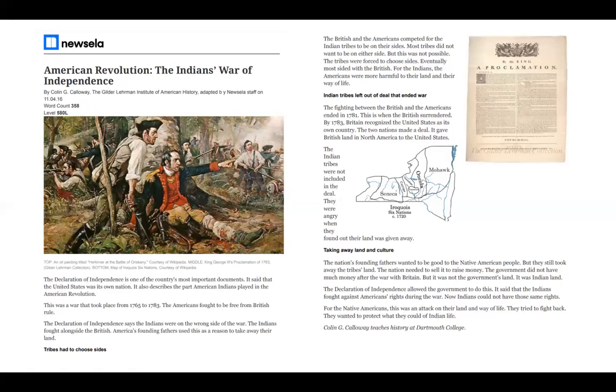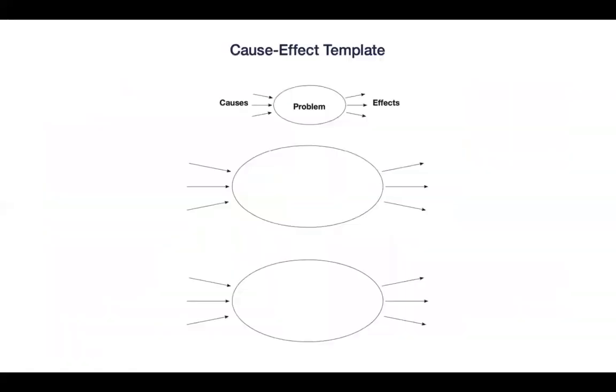Let's pause here again. Can you find another example of cause and effect in this text? Let's practice together. One big problem is that the Native Americans had their land taken away from them.